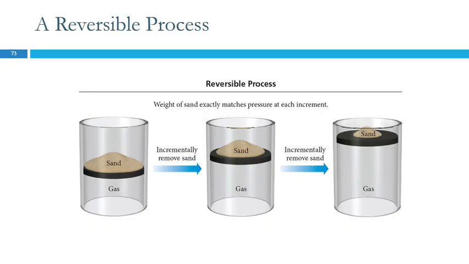Are you going to even be able to notice the change? No. Teeny tiny changes. The weight of sand is going to match the pressure at each increment. And then you could take the sand and put it back on there piece by piece, and it'll go back to where it was. That's an example of a reversible process. Highly idealized. Any questions?